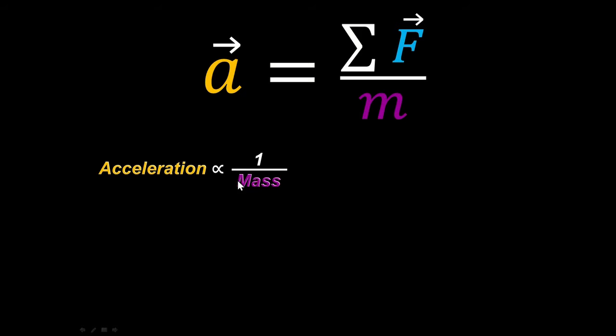That means when the mass gets bigger, the acceleration gets smaller. Can you explain why that's true in one word? That word would be inertia. The more mass an object has, the more inertia it has, the more it resists acceleration. So it'd have a smaller acceleration.